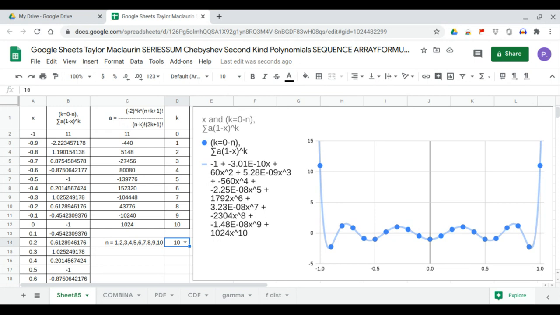So this completes the use of sequence, array formula, and factorial in generating the trend line and the polynomial of Chebyshev second kind.